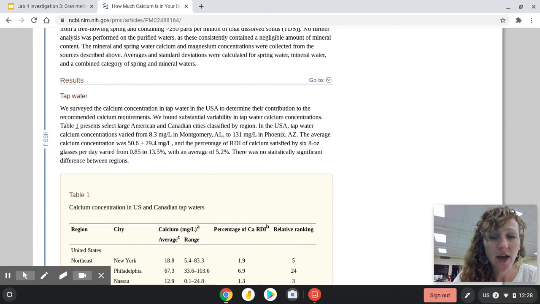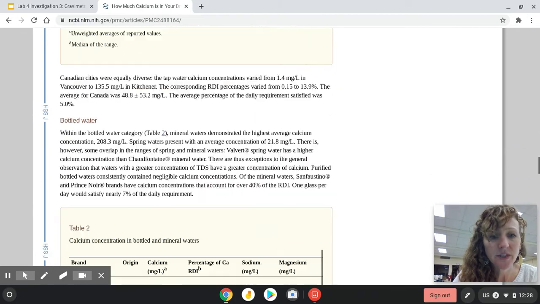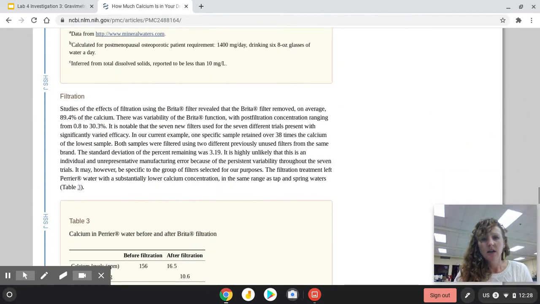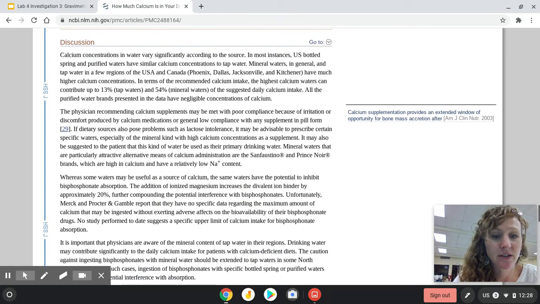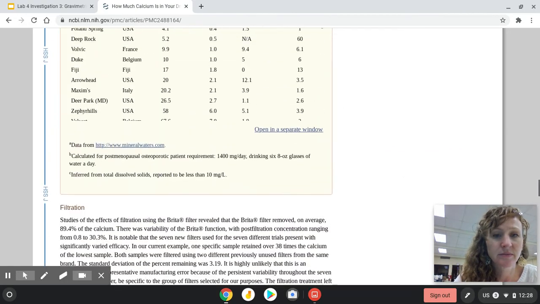They also have some tap water measurements around the US and Canada. And the lowest is like 8.3 milligrams, and the highest is 131 milligrams. Phoenix, Arizona. Let's see if they have any other results. They have some results for filtration, like after they filter water, how much calcium is still present.